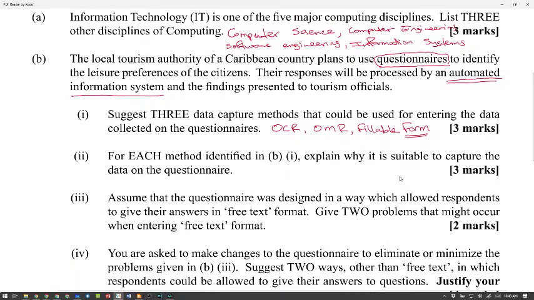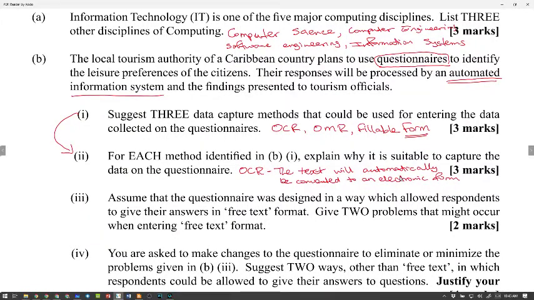Alright, for each method identified in B part 1, explain why it's suitable to capture the data on the questionnaire. Once you say that it's going to convert the text to electronic form, or whatever they put in is going to be converted to an electronic form, that is cool. Alright, so the next one will be OMR. The selections, for example true/false, will automatically be read once shaded or something.